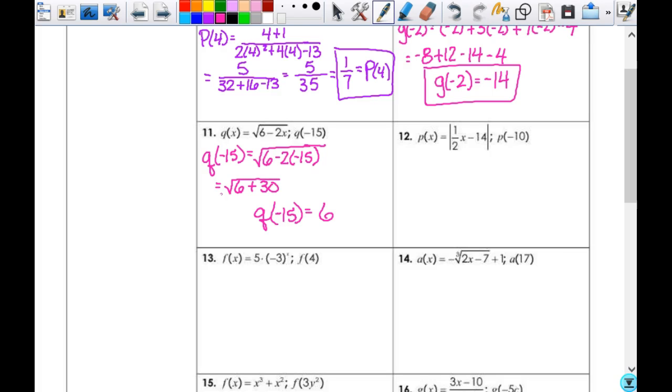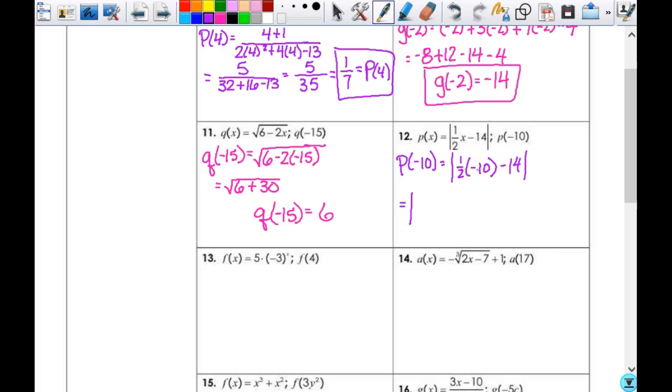All right, so number 12. P of negative 10 equals the absolute value of 1/2 times negative 10 minus 14. Okay, so again, you can't get sloppy. You've got to carry those absolute value signs. So half of negative 10 is negative 5, right?